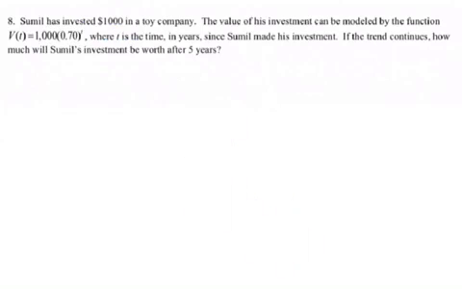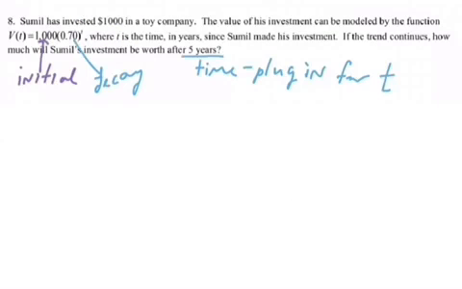Going on to the next question, you're already given the formula, and just by looking at the formula, you can tell that $1,000 was the initial amount invested. It would be a decay because the number inside of the parenthesis is less than 1. The question is asking you how much would it be worth after 5 years?